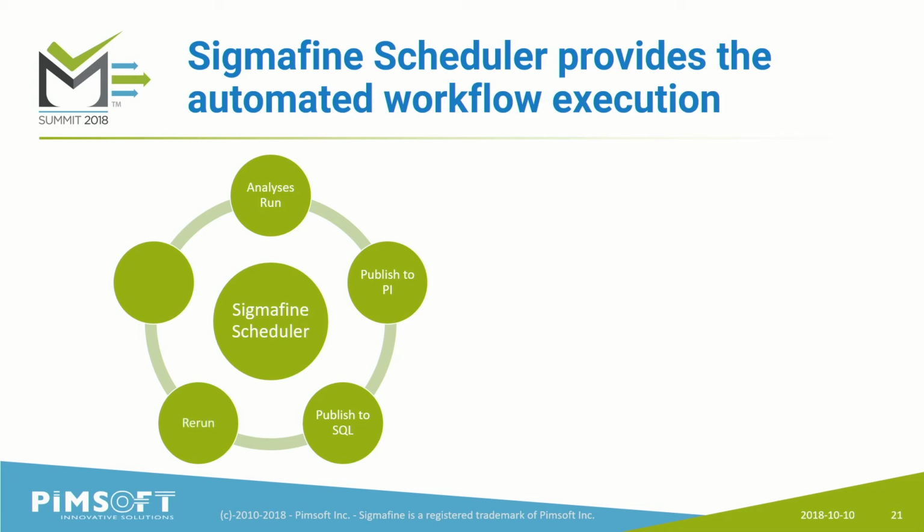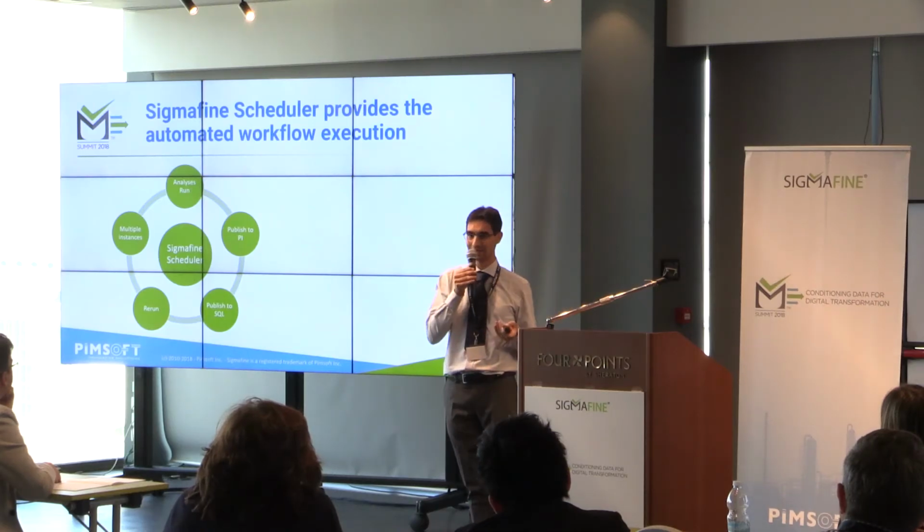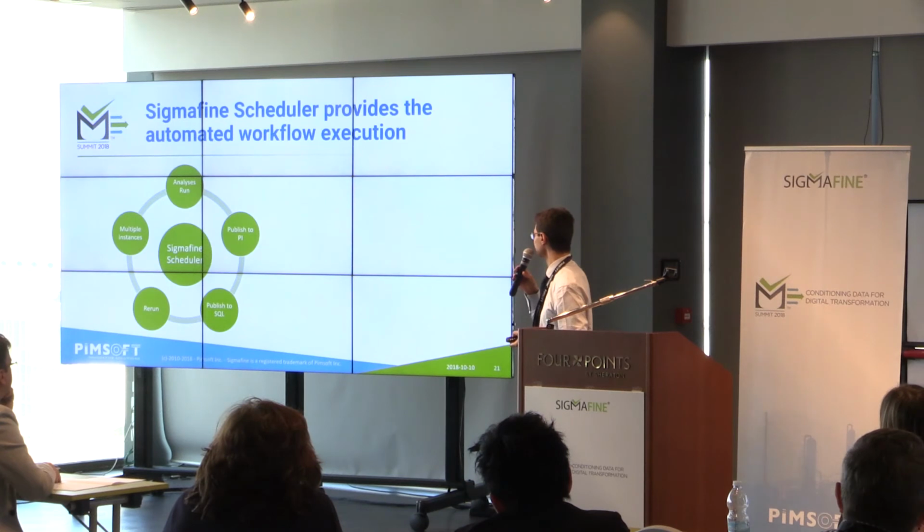You can also decide to automatically rerun some of the old cases just to be sure that if there were some issues, these previous cases are for sure run. And you can even run multiple instances of this scheduler. So if you have multiple models, you can handle not only one model at a time, but many of them.